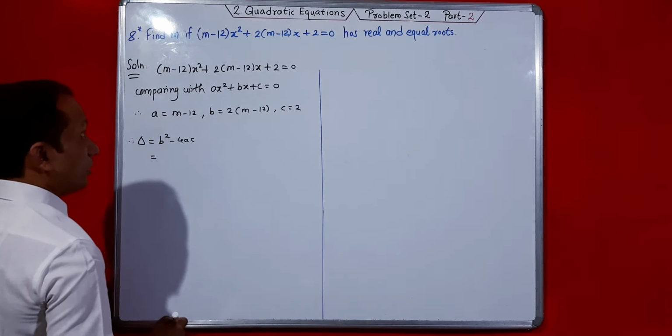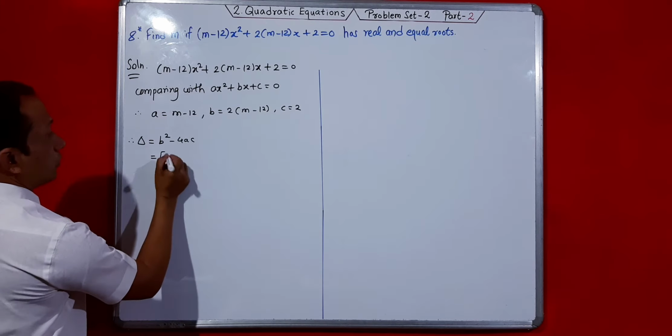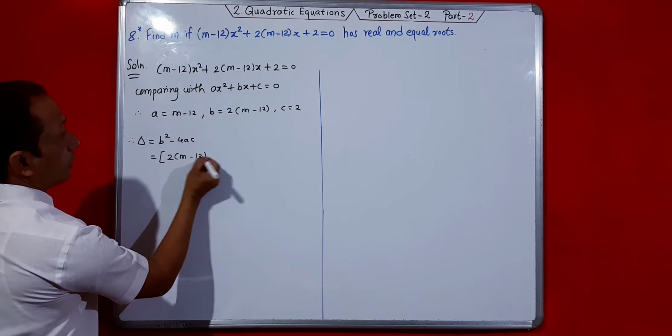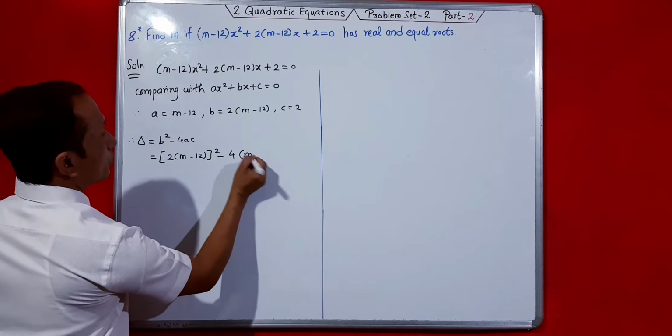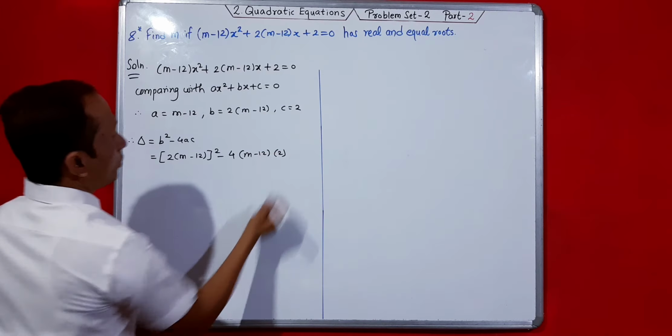So b square, I can write 2(m minus 12) whole square, minus 4a, where a is m minus 12 and c is 2. Now solve this.